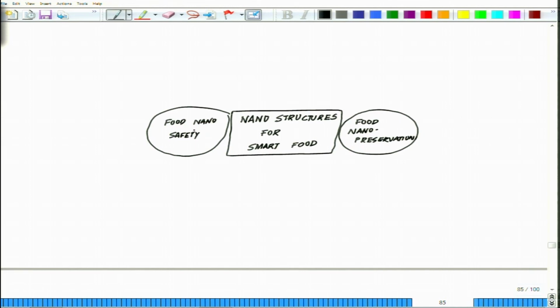So in terms of food nanosafety, the aspects currently being addressed in research are, first, against pathogens, which is one of the major problems, and infestation of pests. Second, anti-allergens and pesticides.